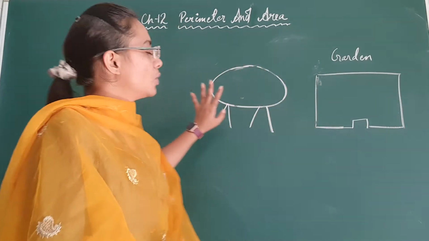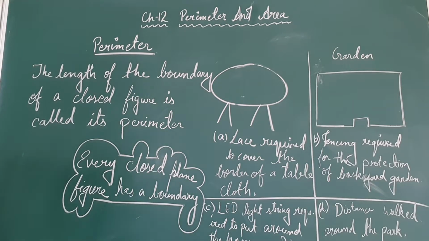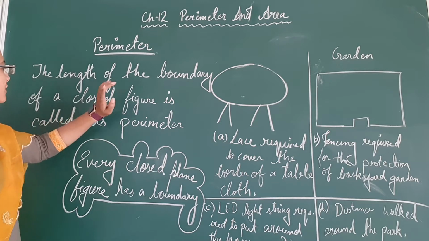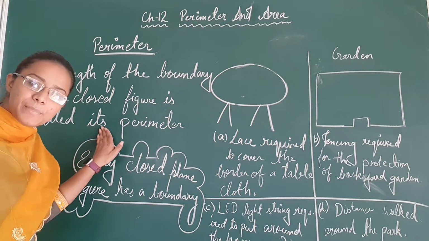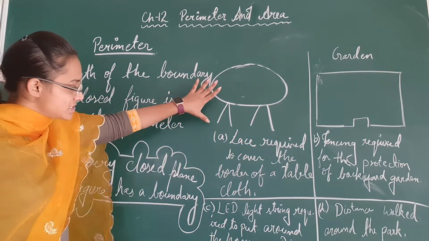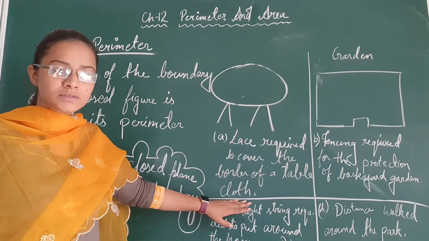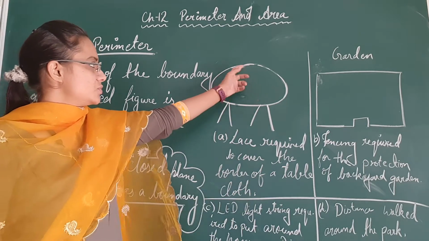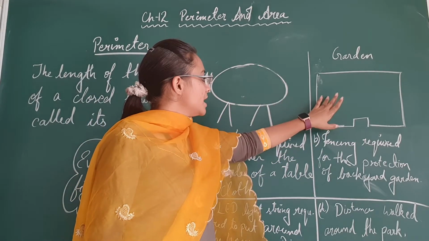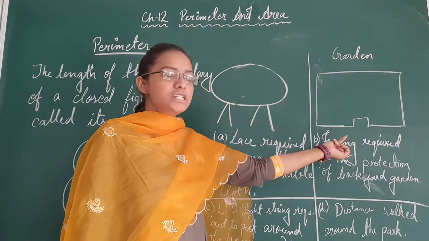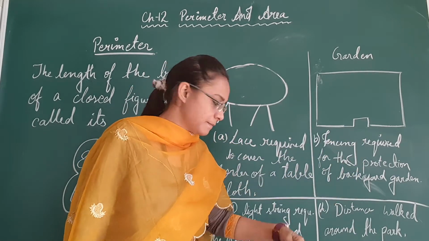Okay, so what do you mean by perimeter here? The length of the boundary of a closed figure is called its perimeter. As we have discussed, the length required to cover the border of a tablecloth, for that we have to measure the boundary of this shape. Here also, fencing is required for the protection of a backyard garden.